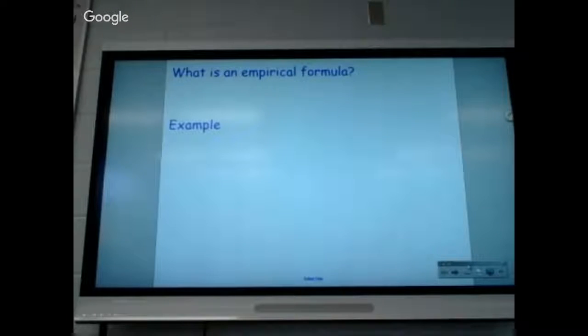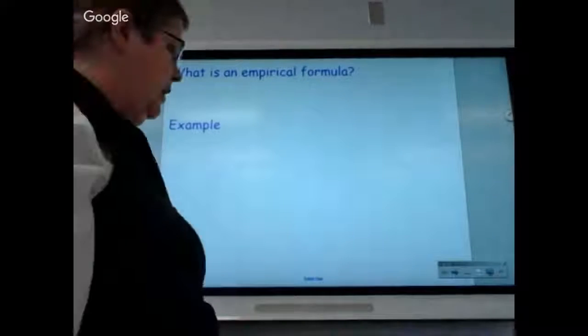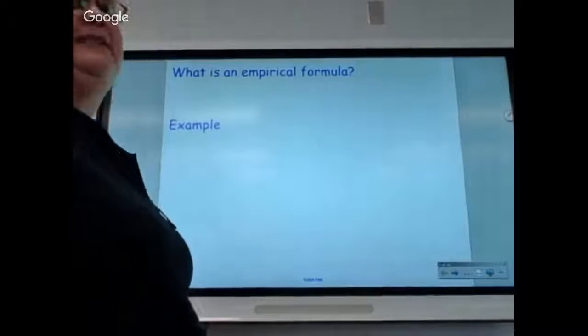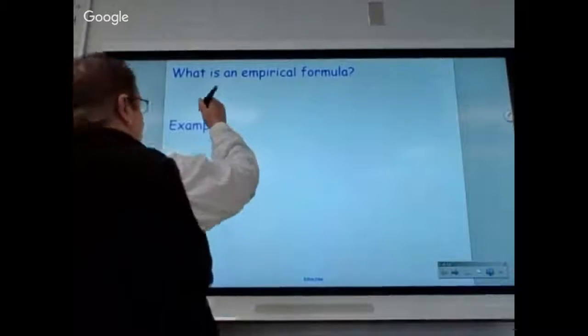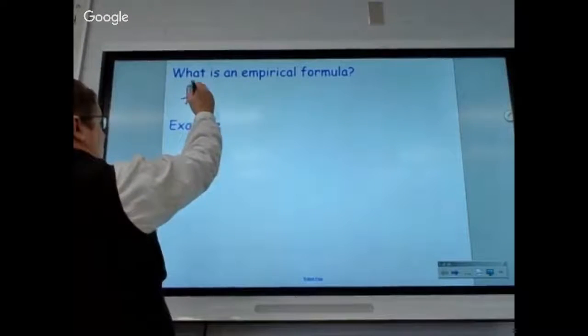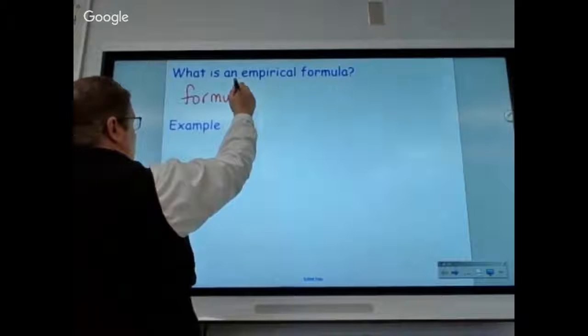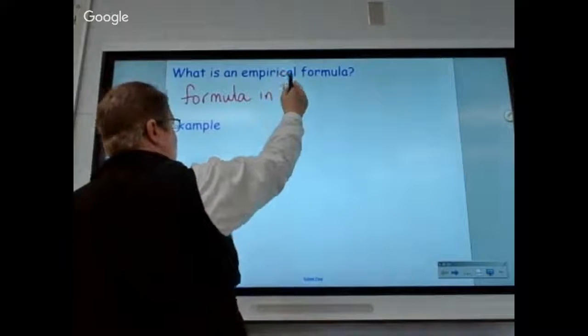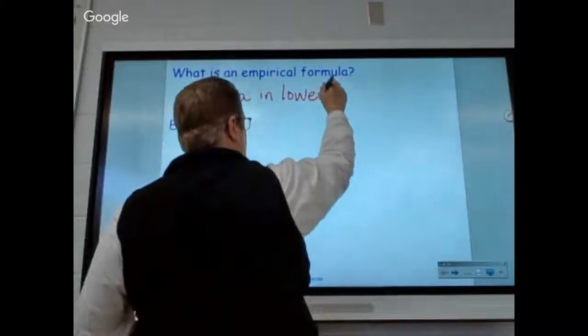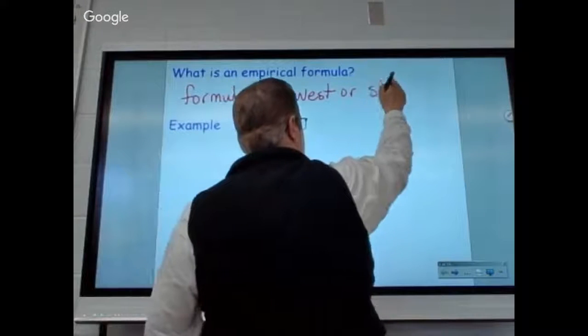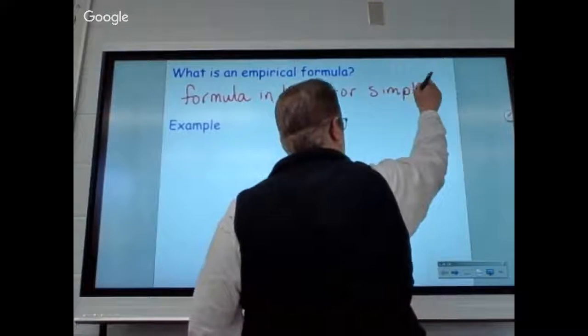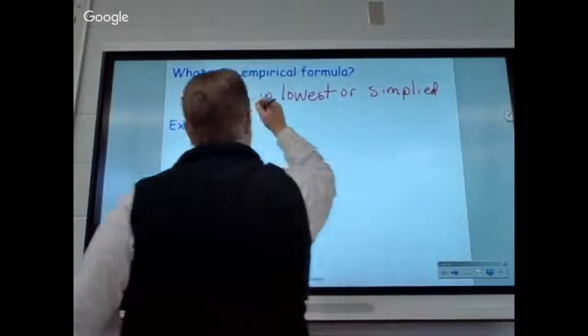Now, we're going to talk empirical and molecular formulas today. So, what is an empirical formula? An empirical formula is a formula in lowest or simplified terms.